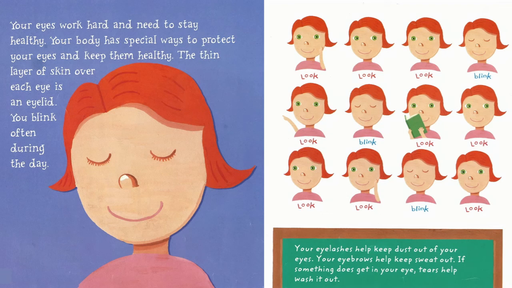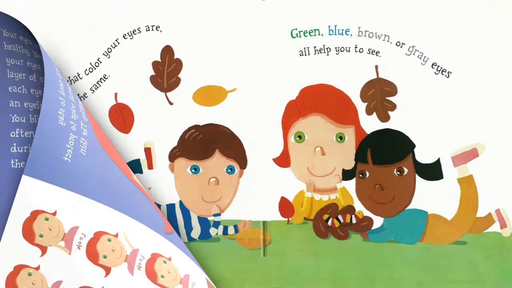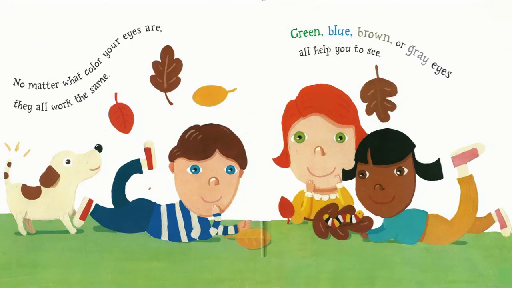Your eyelashes help keep dust out of your eyes. Your eyebrows help keep sweat out. If something does get in your eyes, tears help wash it out. No matter what color your eyes are, they all work the same. Green, blue, brown, or gray eyes all help you to see.